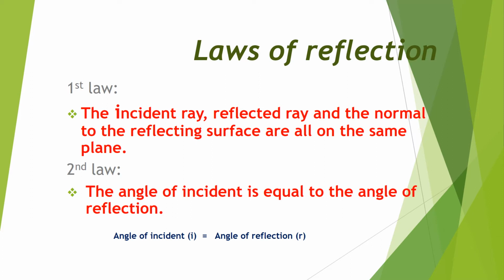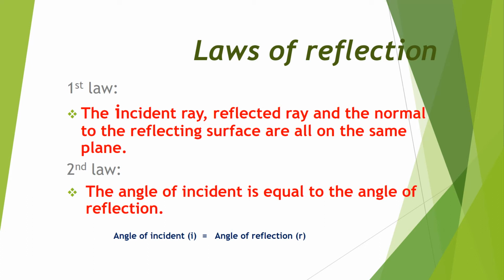Second law of reflection: the angle of incidence is equal to the angle of reflection. Can you remember what the angle of incidence and the angle of reflection are? Very good. The angle of incidence is the angle between the normal and the incident ray.